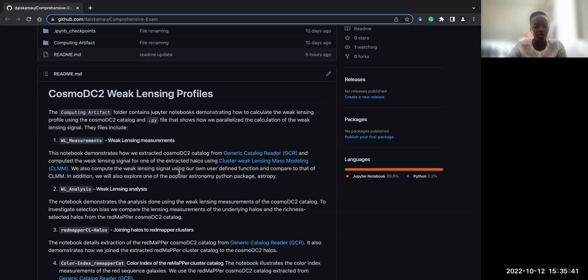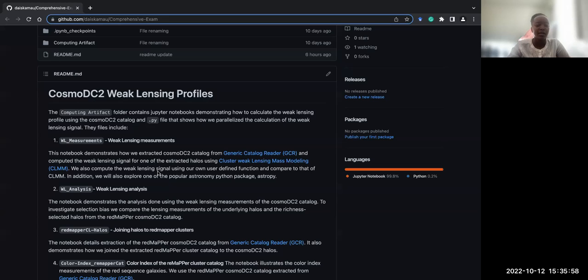So I compared the two. The other function that has been developed is called CLMM, cluster weak lensing mass modeling. It was quite slow, and it can only compute the weak lensing of one cluster at a time.